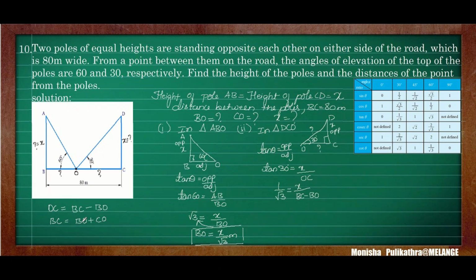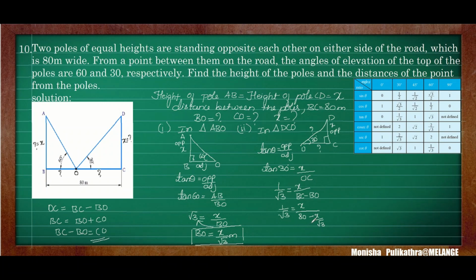So in order to get CO, we need to subtract it. That is BC minus BO is equal to CO. So instead of this OC or CO, we can write it as BC minus BO. So 1 by root 3 is equal to x divided by, what is the value for BC? So BC is 80 minus BO we have already found out, that is x by root 3.